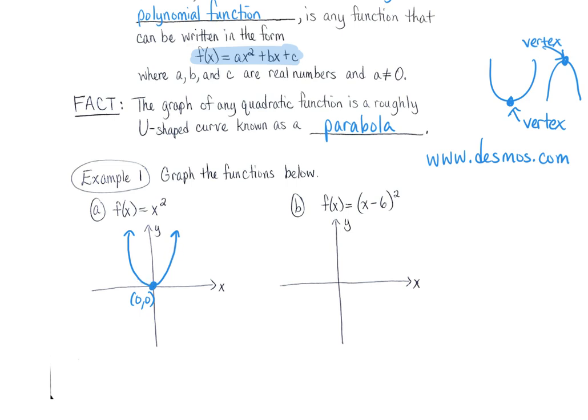How many units does it move? Does that make sense? Everyone understand the instructions? Two minutes. What's the graph of x minus 6 quantity squared?